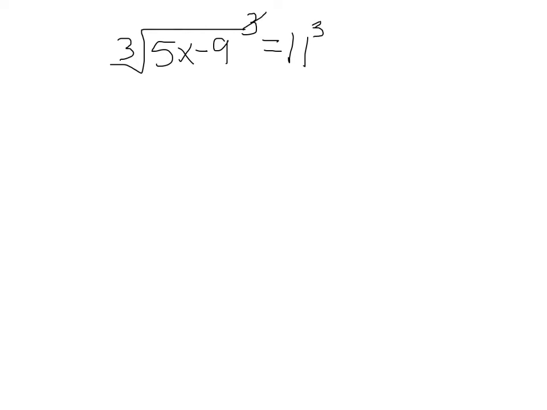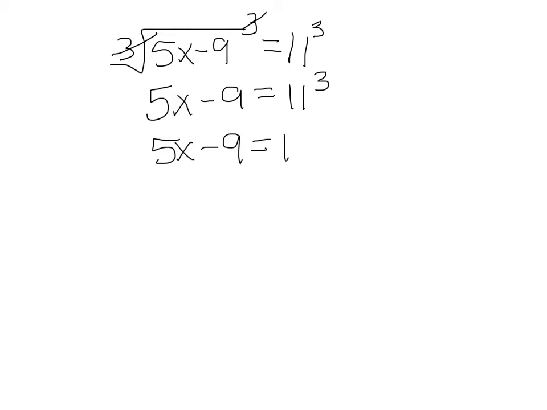So the cube and the cube root will cancel each other out, and we'll just have 5x minus 9. And over here we'll have 11 cubed. All right, so 5x minus 9, 11 cubed is 1331, I think.